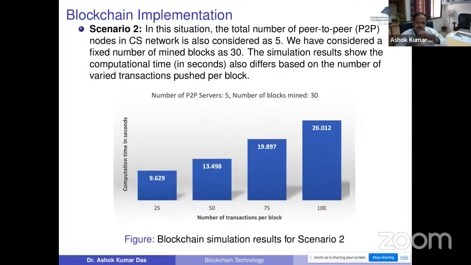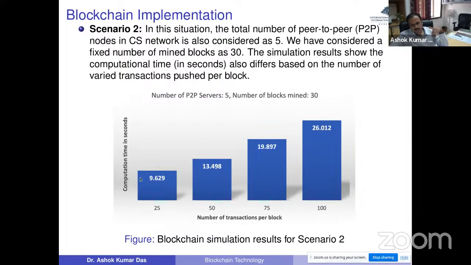And in the second scenario, the number of P2P nodes is fixed, and the number of blocks mined we have fixed as 30. Then we vary the number of transactions per block. For example, only 25 transactions in a block, 50 transactions in a block, 75 and 100.